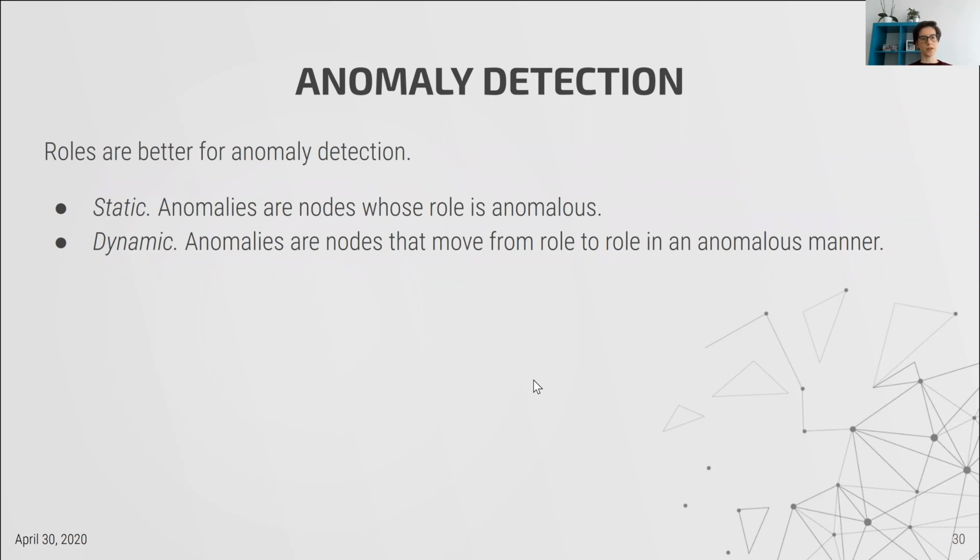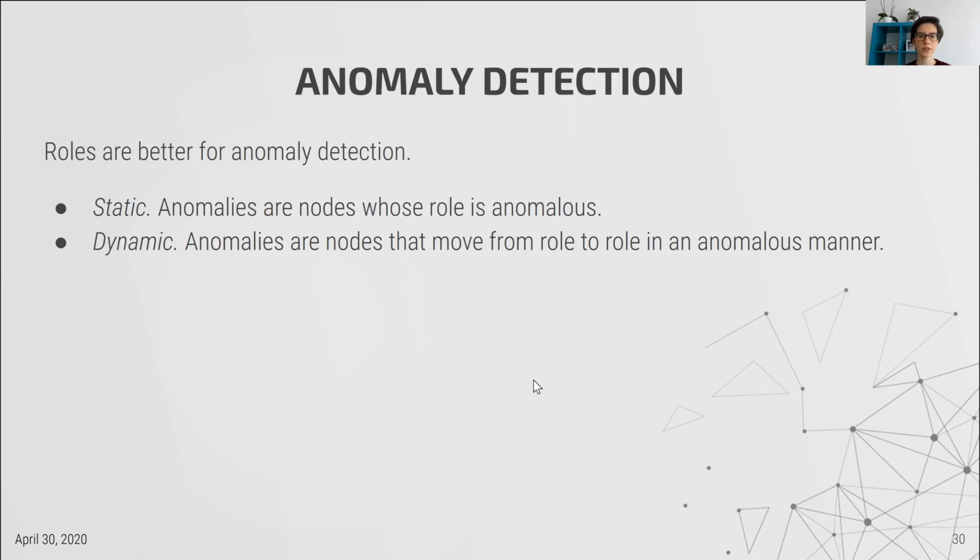Then we have anomaly detection, and the majority of methods for anomaly detection use some kind of concept of roles, because if we take a static network, which is a snapshot of a certain event at a certain point in time, and that's it, anomalies will be defined as nodes that have a strange role compared to the others.